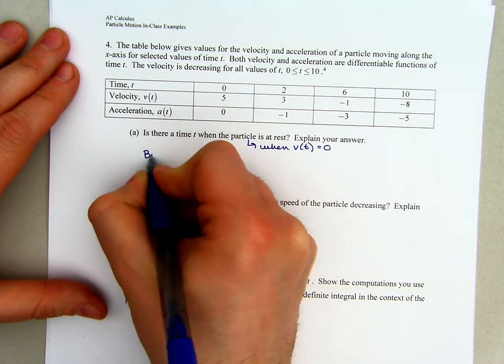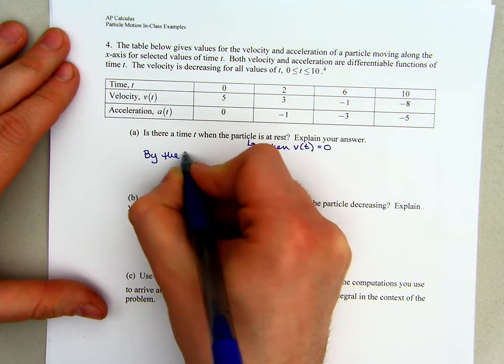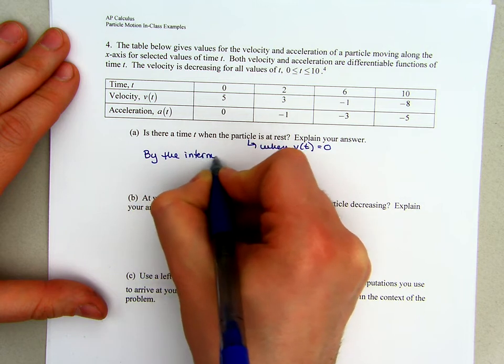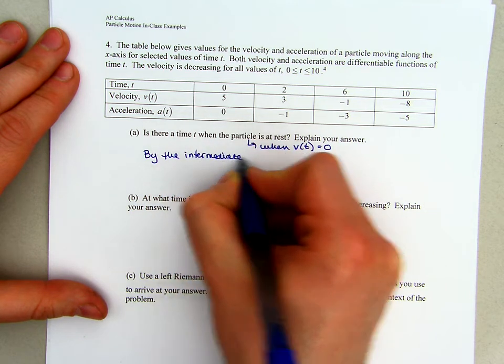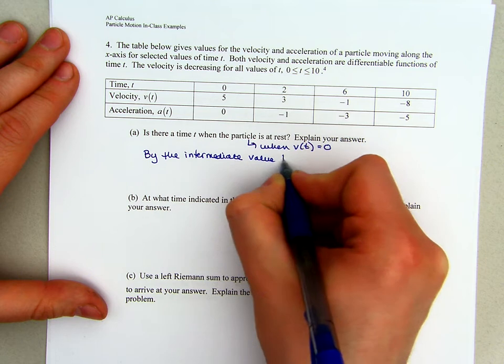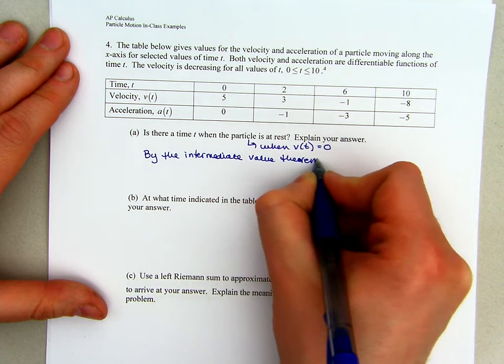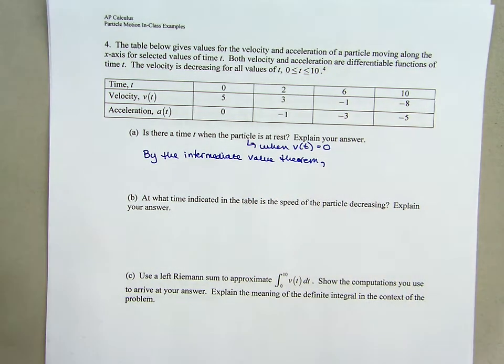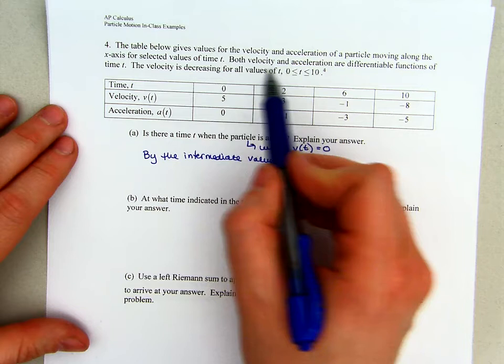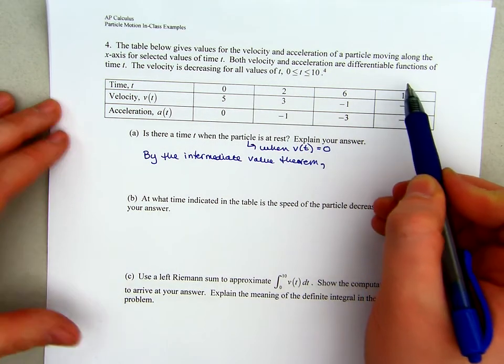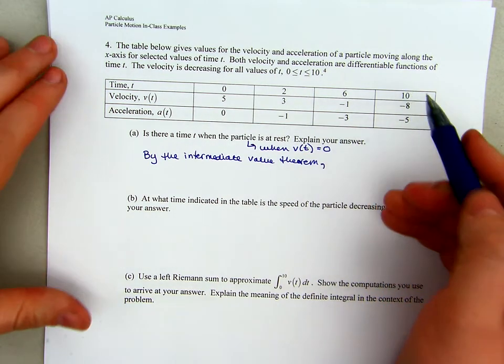I'm going to say, by the intermediate value theorem, remember that the requirement of the intermediate value theorem is our function, in this case velocity, has to be continuous. Well, since we're told it's differentiable, that means it must be continuous.